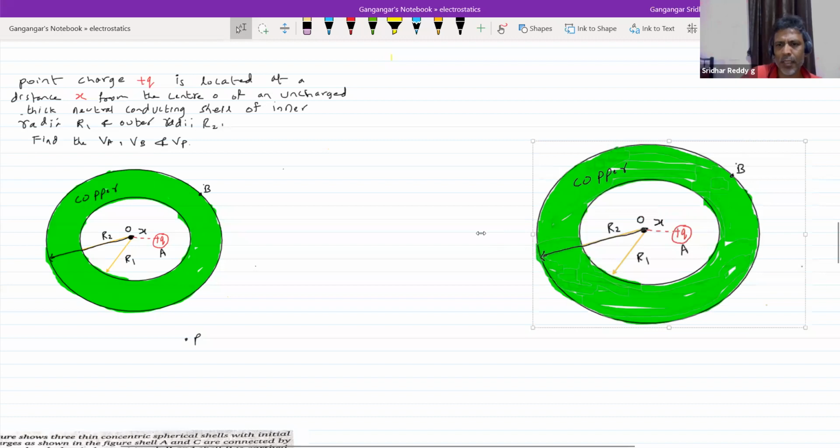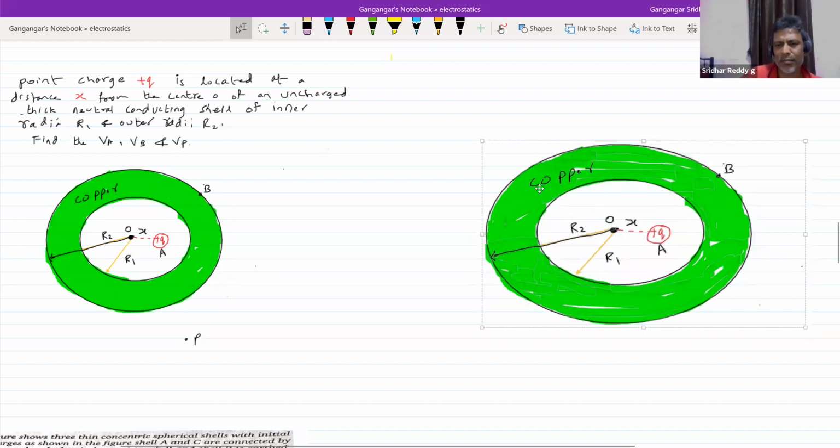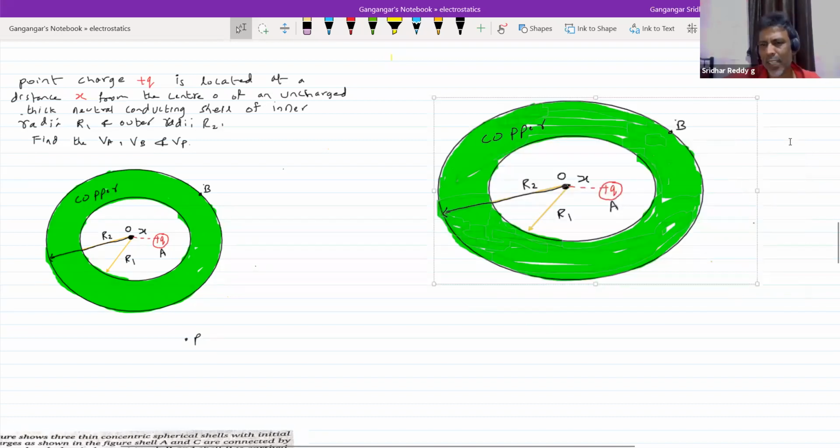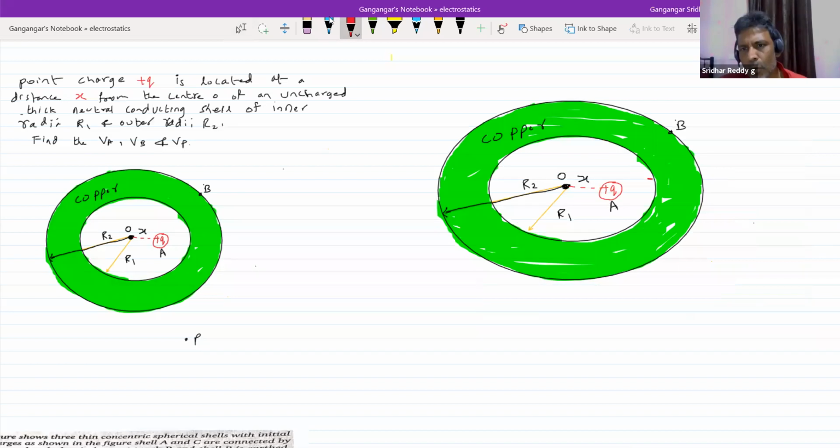At least you'll get a better picture, so when writing equations you'll not be in trouble. I'll start with this. The charge distribution will be here. I have to show more charge here, like this. Here you show less charge, but the total charge should be how much again? Equal to minus Q. Outside it will be plus Q.